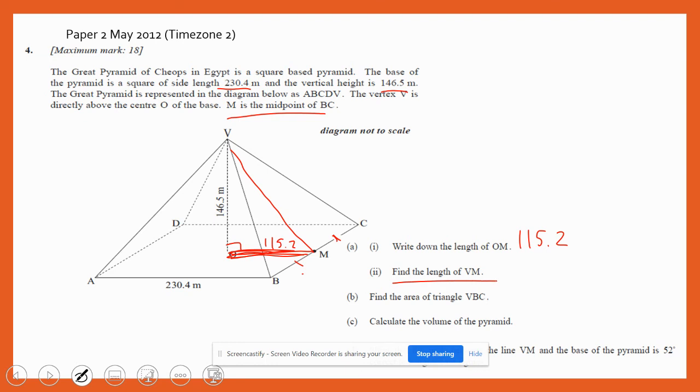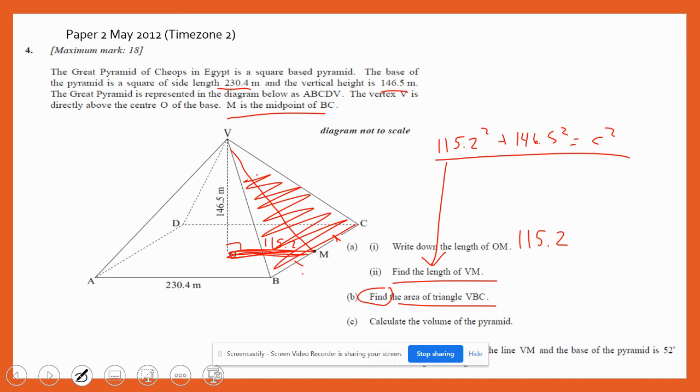Find the length of VM. So now we have a right triangle. 115.2 squared plus 146.5 squared equals c squared. You can calculate that number. Find the area of triangle VBC. So VBC is this triangle right here.